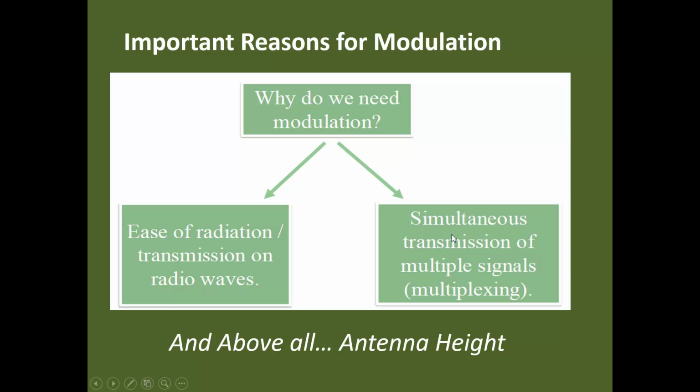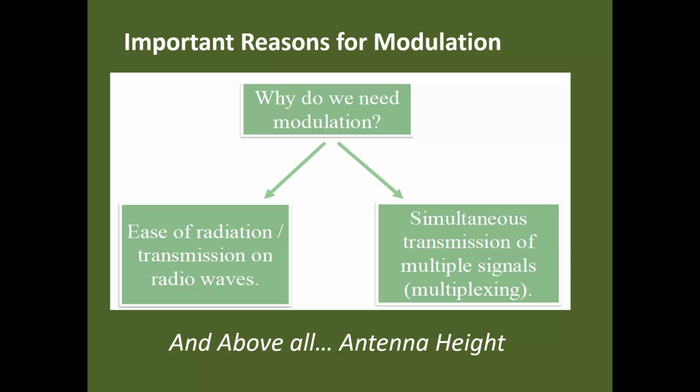Once you use a higher carrier frequency, you can multiplex many signals in that frequency range, right? So the higher frequency ranges can carry forward more signals, and that is known as the multiplexing of the signal.